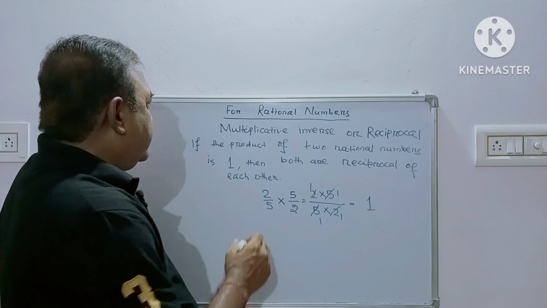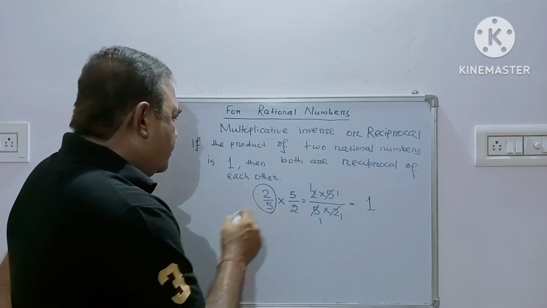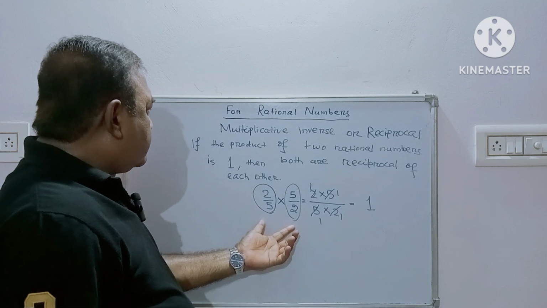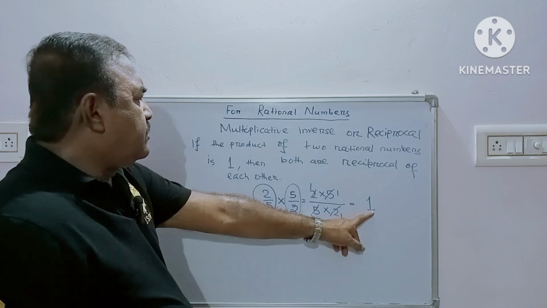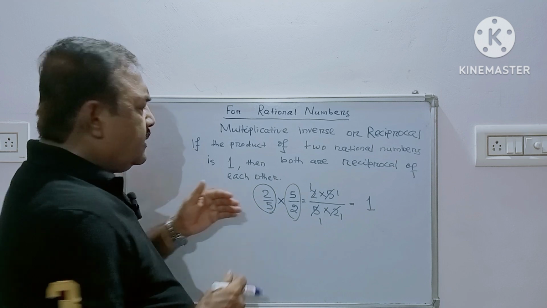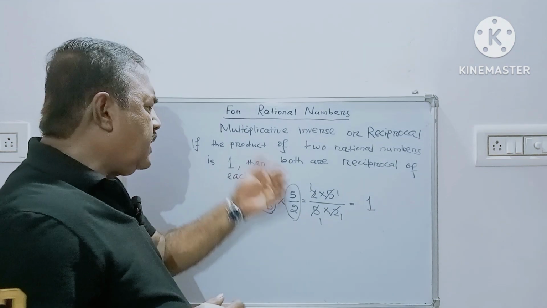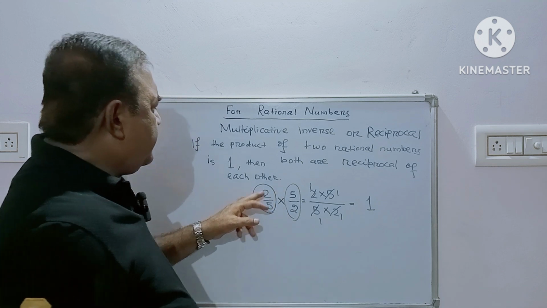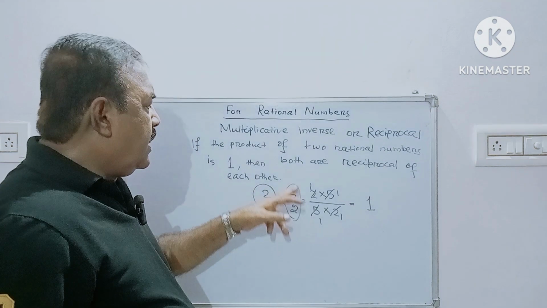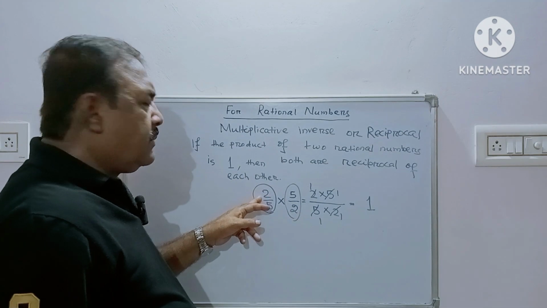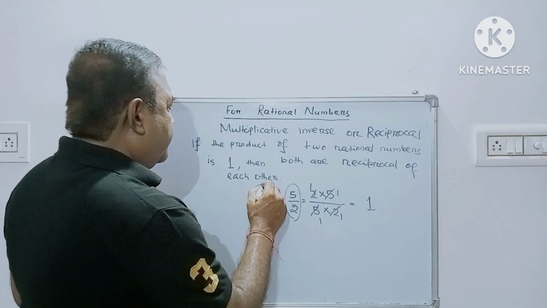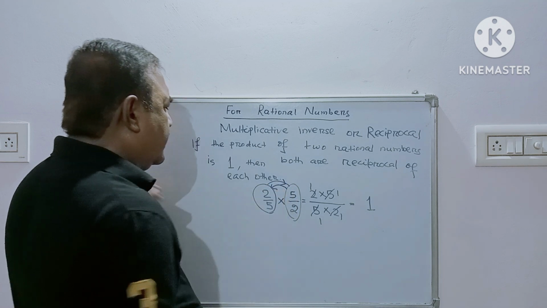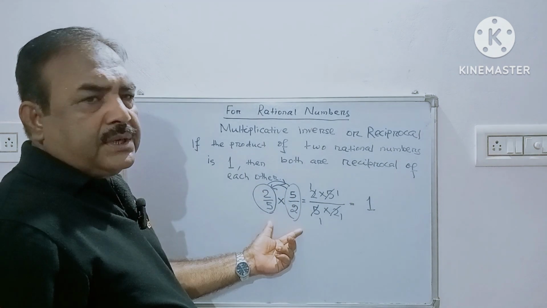So the product of two rational numbers is 1 here. Then each is called the multiplicative inverse or the reciprocal of the other. That means 2 by 5 is the multiplicative inverse of 5 upon 2, or 5 upon 2 is also called the multiplicative inverse of 2 upon 5. Both are reciprocal to each other.